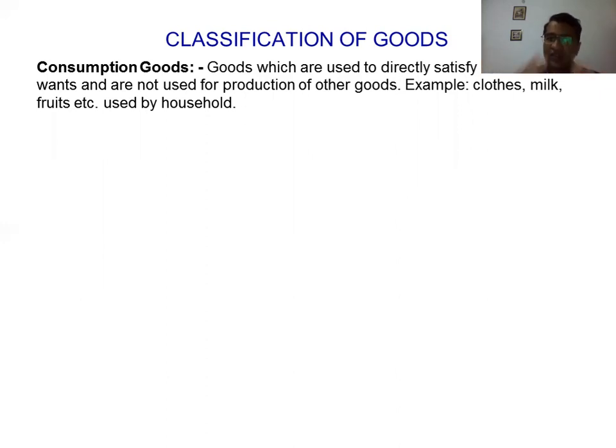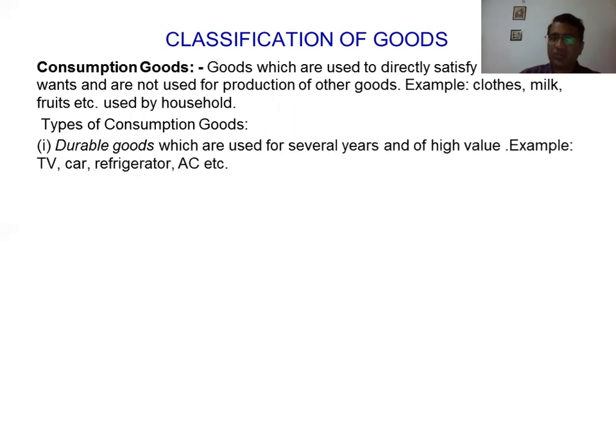It means it is not used for the production of other goods, like clothes, food, milk. These are consumption goods because they directly satisfy human wants and are not used by persons for further production. They are used by households, so that's consumption goods.